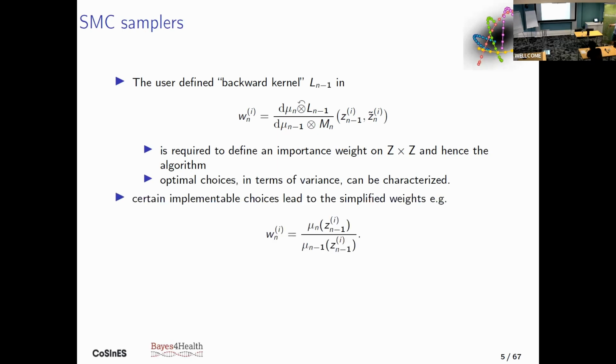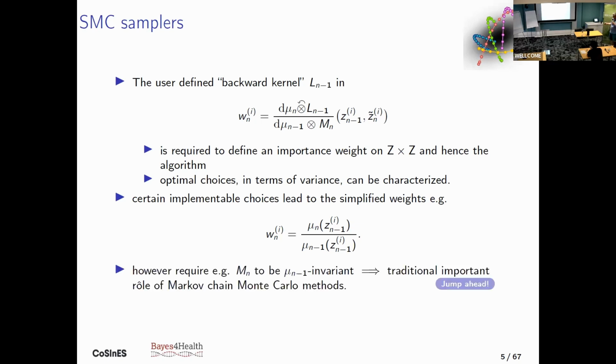And in those scenarios, the importance weight is of a very simple form. Basically, they just take into account the fact that you've got samples from mu n minus 1 and you want samples from mu n. So you just correct with the ratio in order to take into account the discrepancy between the two distributions. So that's very nice.